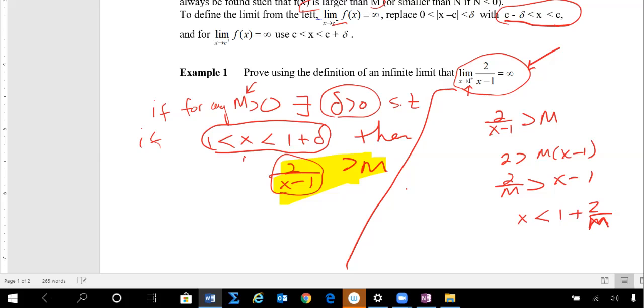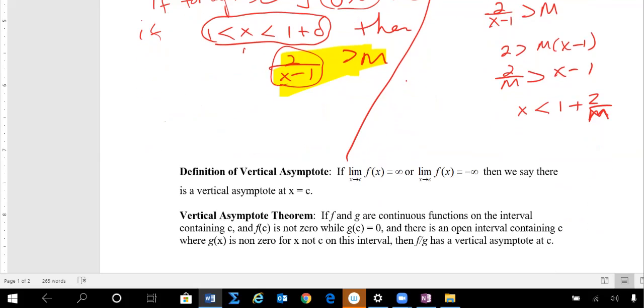It's uppercase M. And now we already know that x is greater than 1, so we can throw that on. And this should look familiar. Notice how similar it is to this statement. The only difference is that I have a delta up here and I have a 2 over m here.